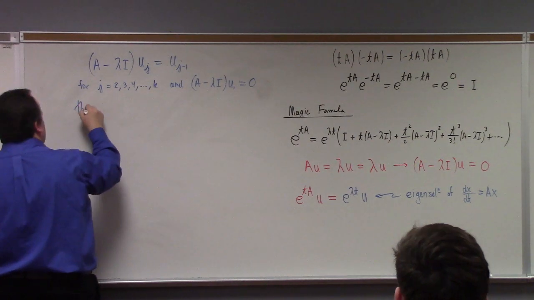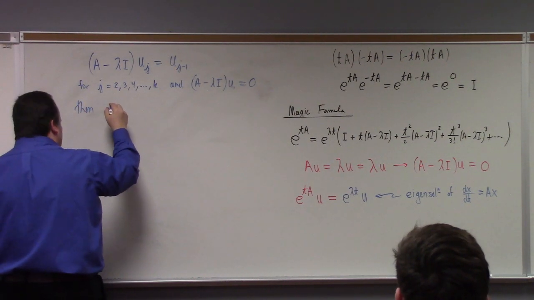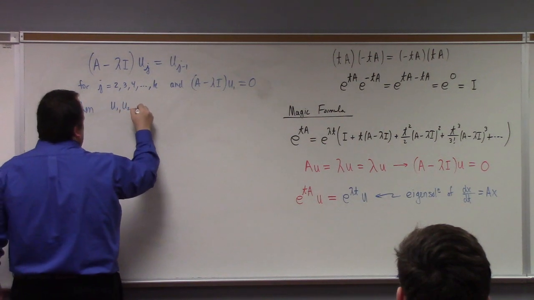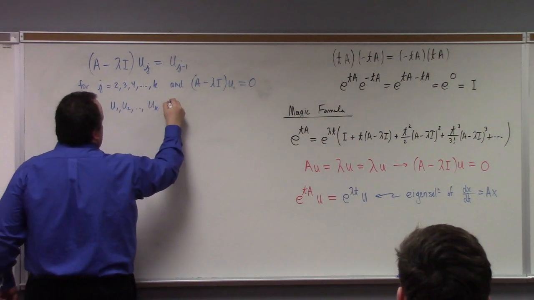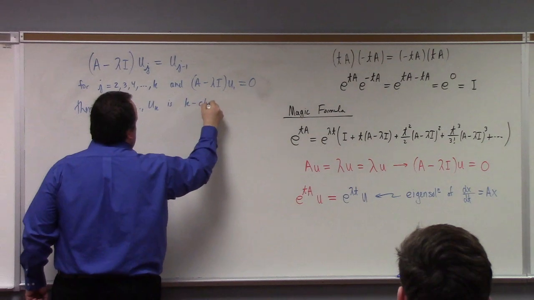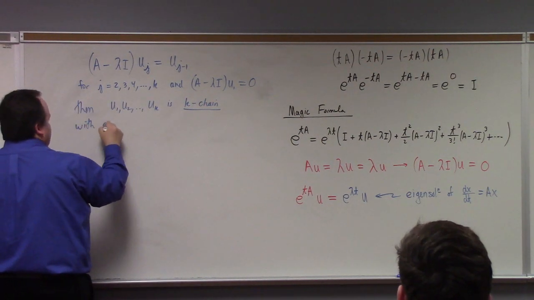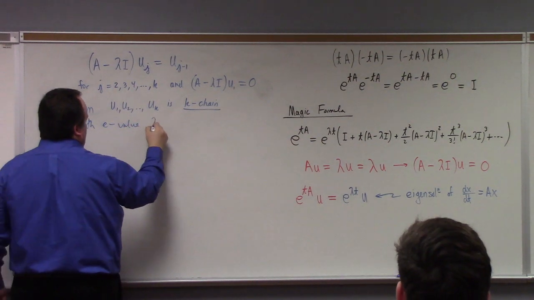Then u1, u2, through uk is a k-chain with eigenvalue lambda.